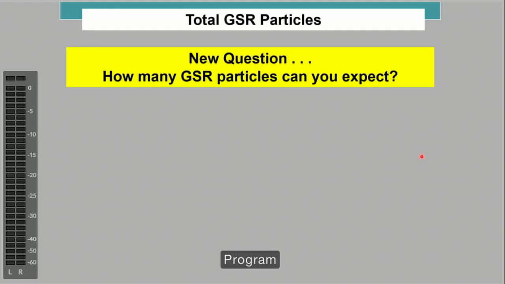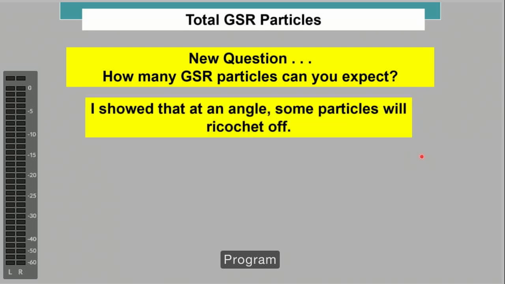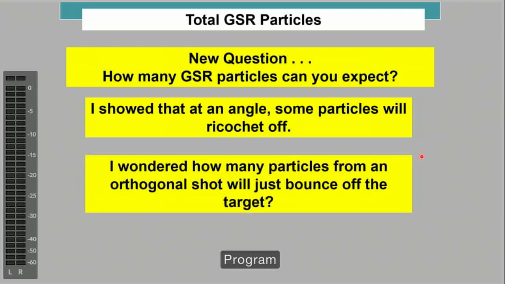So then I had a question: how many GSR particles can you expect? Well, it's going to vary with the type of ammunition, the type of powder, and I think many other variables. But I showed that at an angle, some particles will ricochet off, and I wonder how many particles from an orthogonal shot will just bounce off the target.